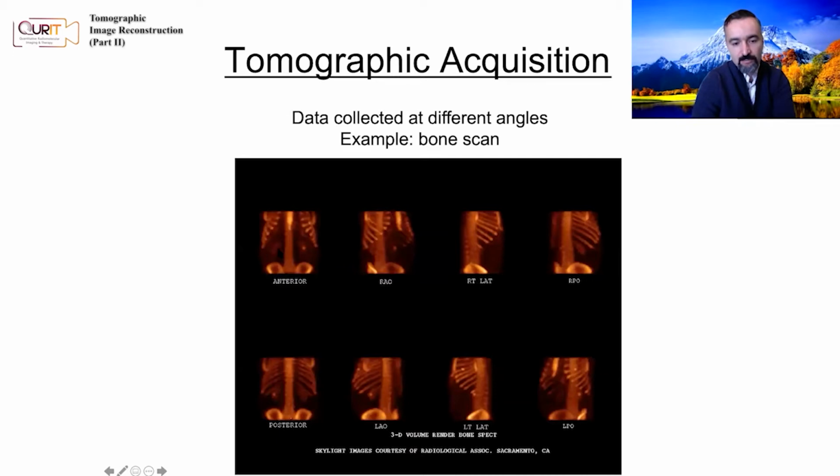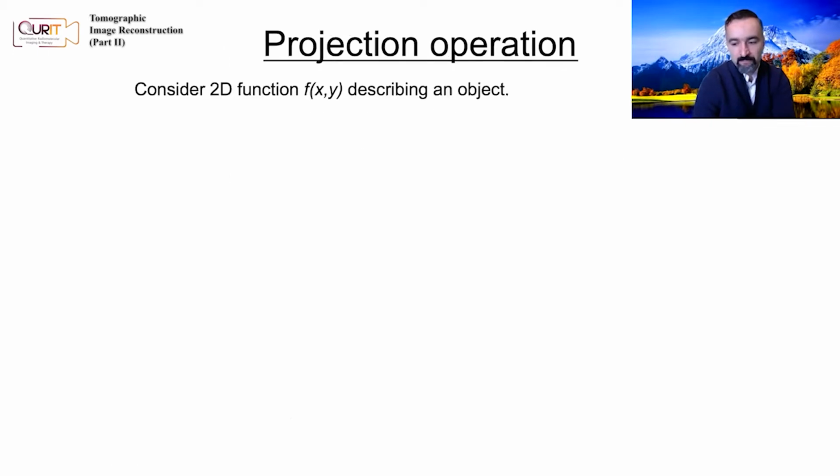Here's an example of a bone scan collected at different angles as the camera is rotating around the patient. So the idea of image reconstruction is to take the projections and reconstruct them into a volumetric 3D image.